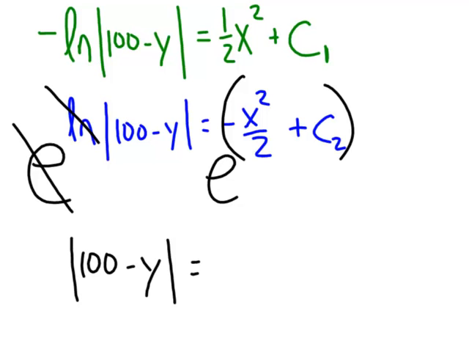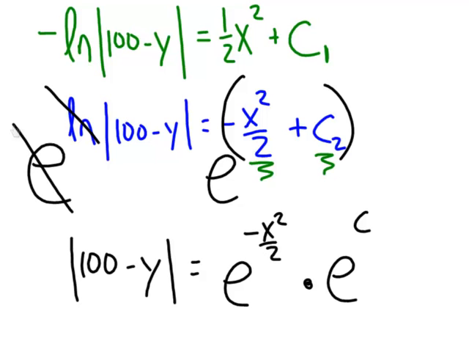equals. Now, nothing cancels each other out on the right, but we can use our exponential properties, which say that when you have one term plus another term in the exponent, you could rewrite that as, in this case, e to the negative x squared over 2 times e to the c2.